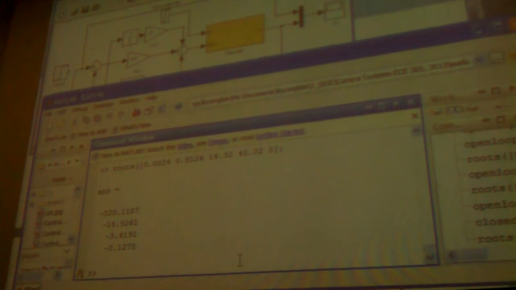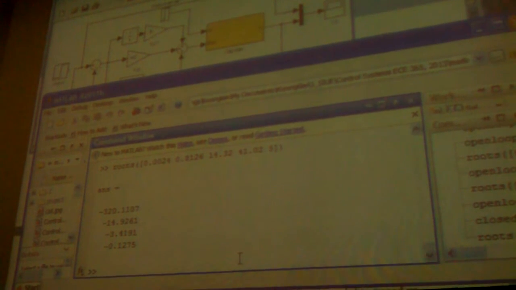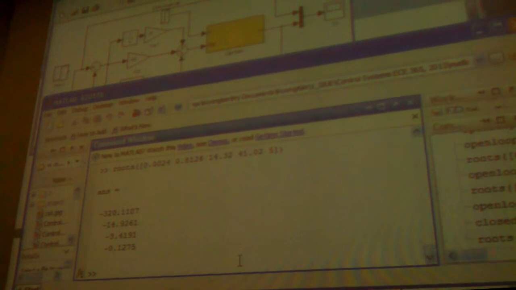So this is the closed loop 4. One here, one is minus 14, so it will be here. Minus 14 or 9 something. This is minus 320, and minus 3.41. So it's going to be here, and it will be here. So your poles will be this, this. The original open loop system is this. Your closed loop will be like this. Okay?